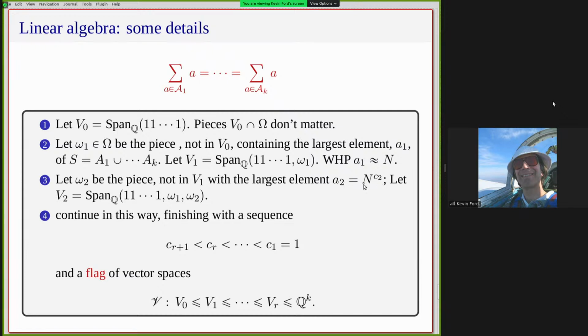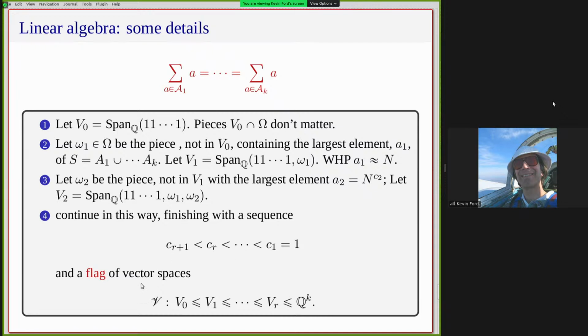Then C2 will simply be the size of that element. In general, C2 will be smaller than 1. We let V2 be the span of these three vectors: the all ones, the omega 1 coming from step 1, and the omega 2. We continue this way until we've exhausted everything, and that produces our sequence.